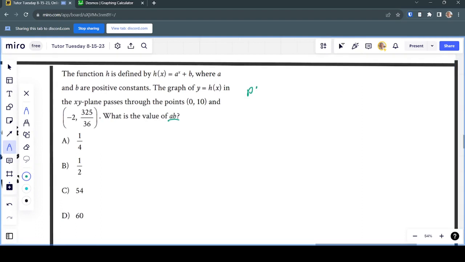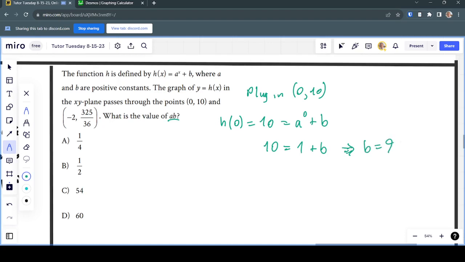If I plug (0, 10) into my equation, I will get h of 0 equals 10, which equals a to the 0 plus b. So 10 is equal to 1 plus b, or in other words, b is equal to 9. And then we need to find the value of a.